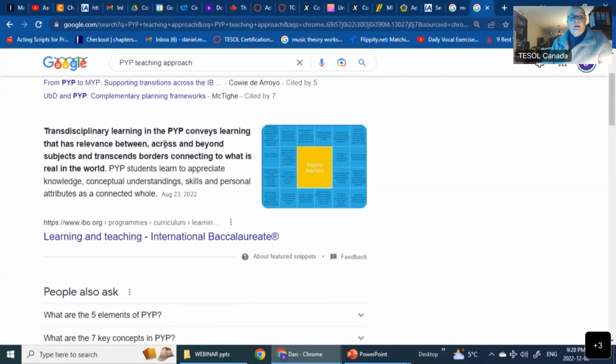So the PYP approach might, for instance, take a topic such as climate change, and inside the project about climate change, the student would be doing mathematics work, they would be doing science research, they would be studying history and geography. So they would bring all these different academic disciplines into the PYP approach, into the cross-disciplinary approach.